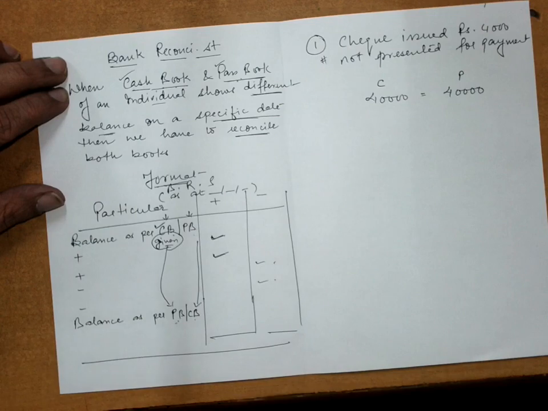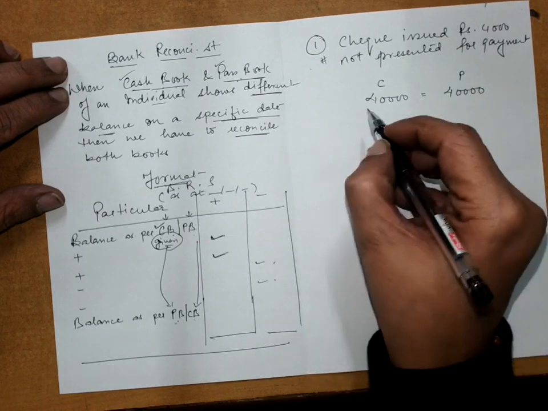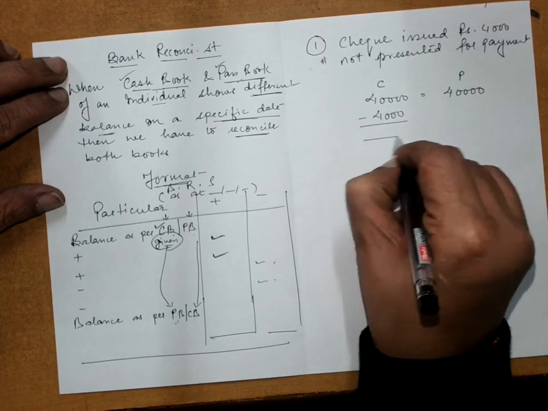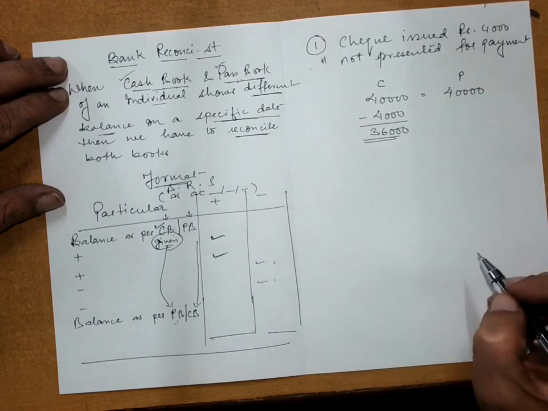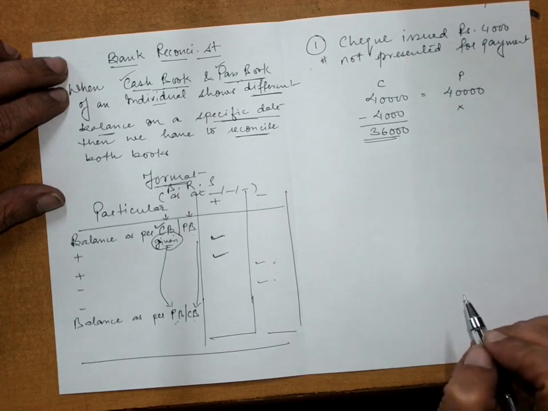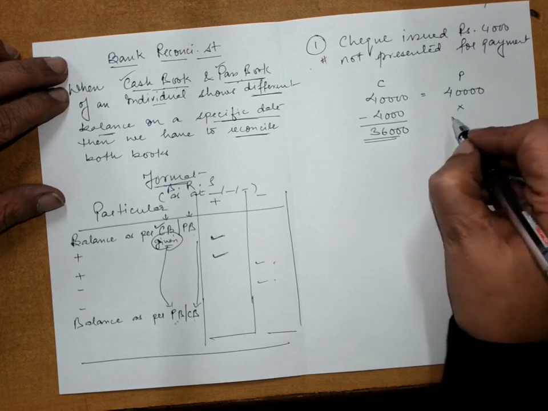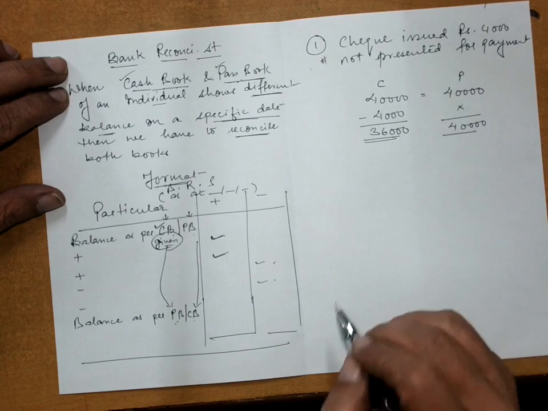There was no difference between my cash book and passbook. Then this transaction happened. I issued a check and showed it as a payment 4,000, and immediately my balance as per cash book was now 36,000. But this person never presented this check in the bank, so bank didn't make the payment. It means bank is still showing the balance of 40,000.